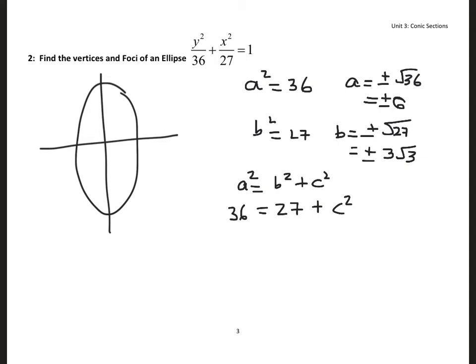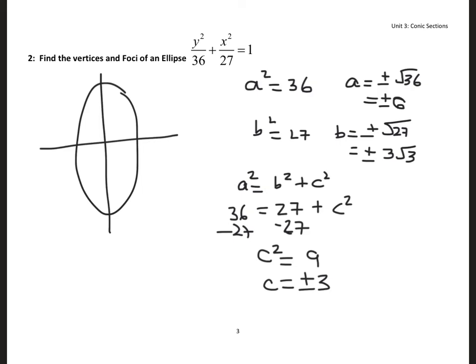So I subtract 27 from both sides. So c squared is equal to 9. So c is equal to plus or minus 3.